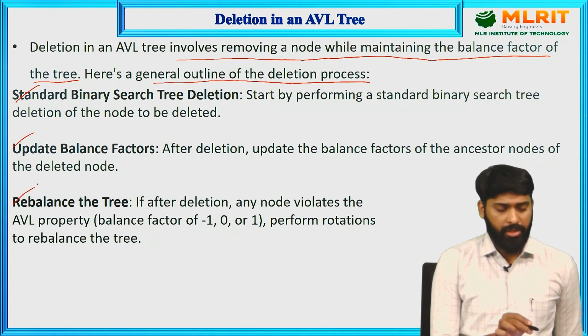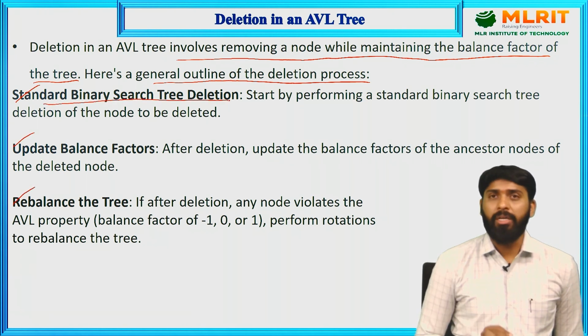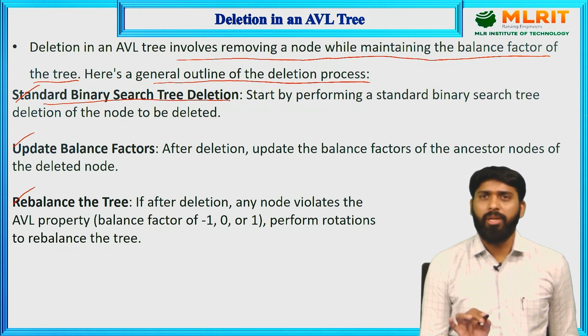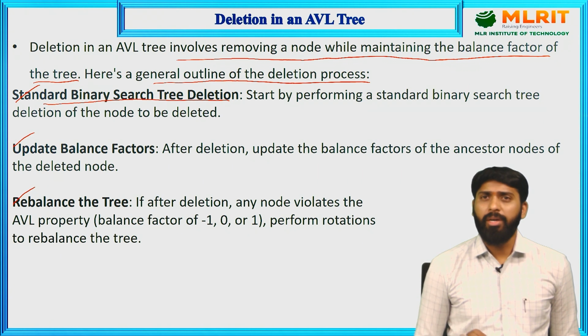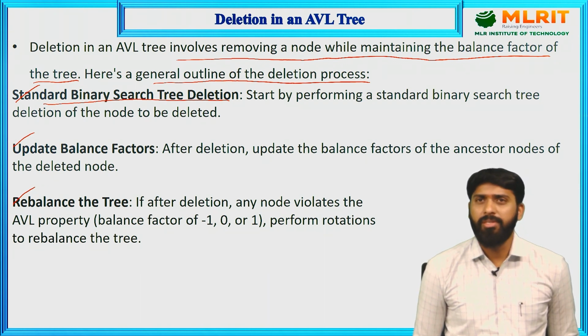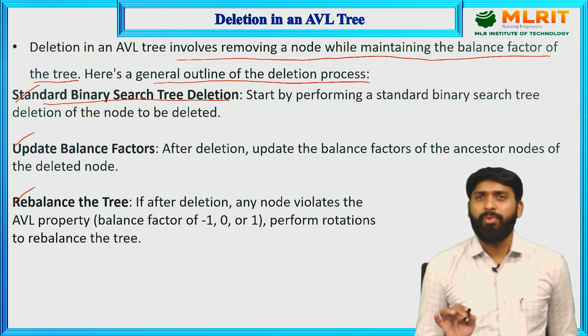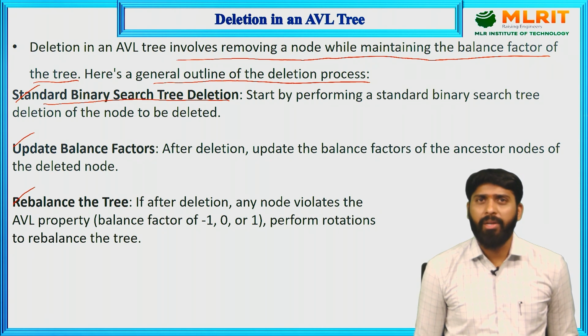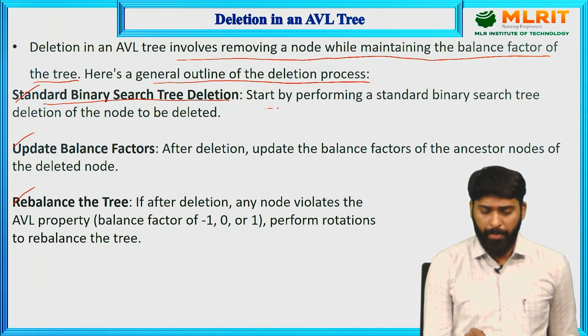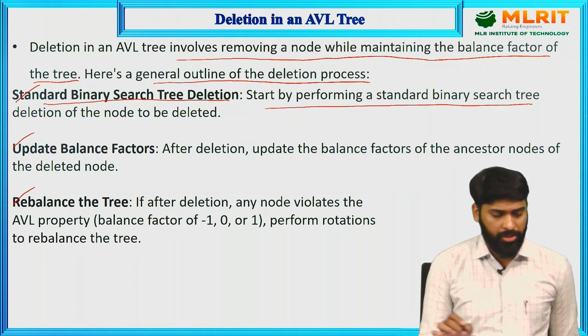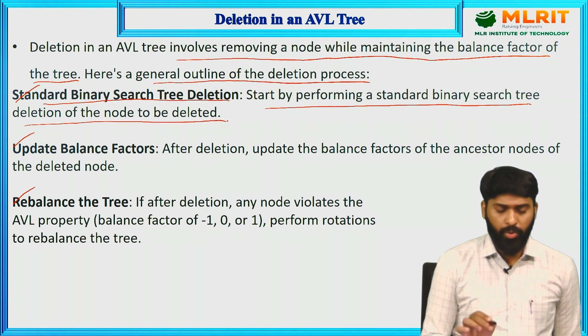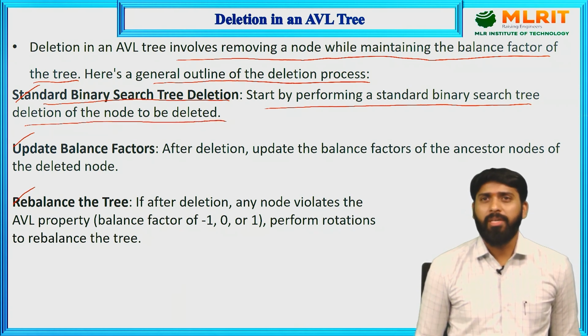First, standard binary search tree deletion. You follow the same algorithm which we follow in binary search tree deletion. Start by performing a standard binary search tree deletion of the node to be deleted. The next step is to update balance factors.